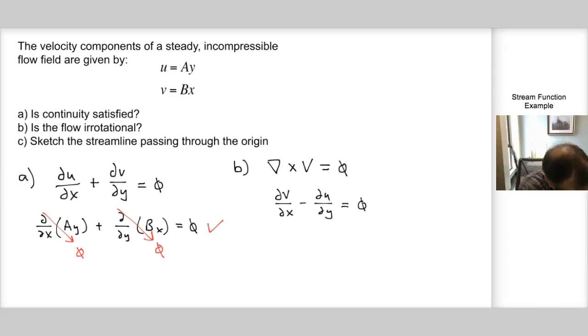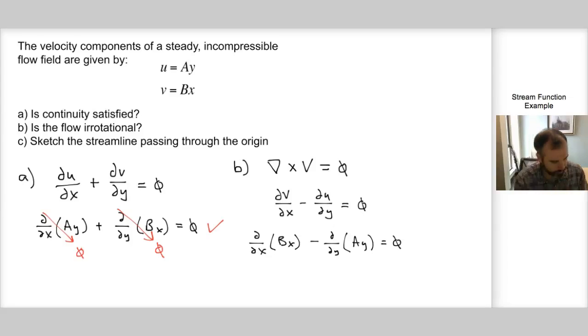We can again plug in, so we get d over dx of bx minus d over dy of ay equal to 0. Okay, we can take those derivatives, they're really easy.